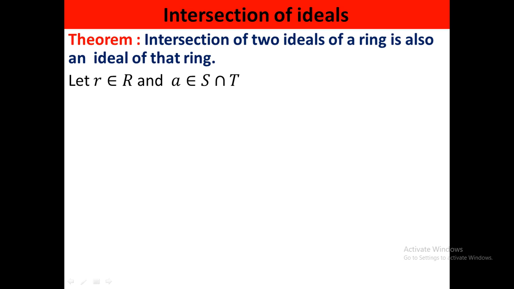Okay, so here we consider A from the non-empty set and r from the ring. Now we have to calculate A dot r and r dot A for the second condition.